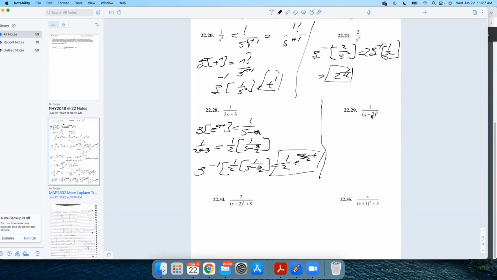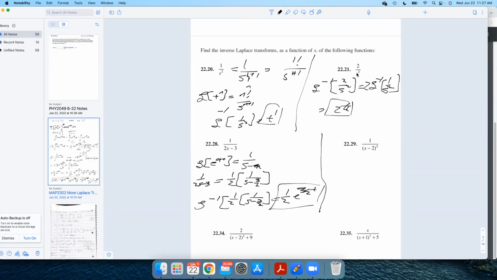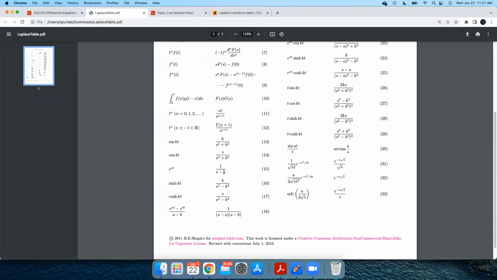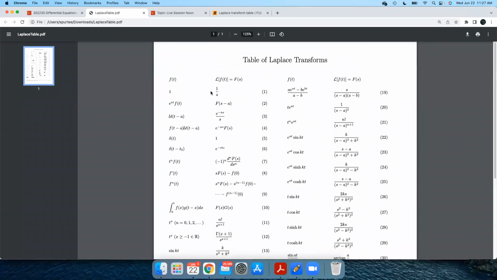Okay, now you might look at this one and think, oh, that's a lot like that one. It's just something raised to a power. Kind of. It is something raised to a power, but it's this linear term, s minus 2, raised to a power. So I need to find something. See, this won't do it. That's not raised to a power. This won't do it. I need something, oh, maybe like this.